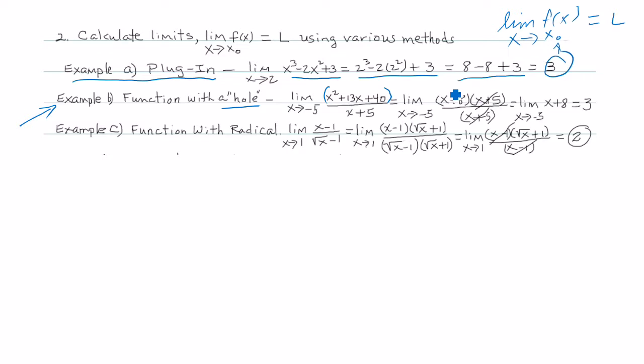So go ahead and factor it to see if you can reveal that. In this case, it's x plus 8 times x plus 5, and lo and behold, you can factor out the x plus 5 and get x plus 8, which you can plug minus 5 into and get 3 as the limit.